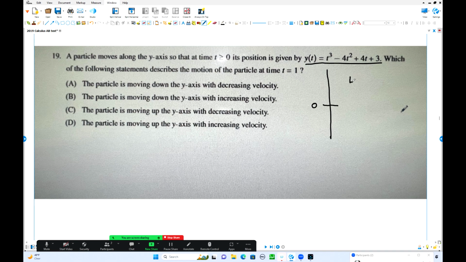At time t equals 1, what happens? Going up, going down, or what about the velocity? They are talking about the velocity also. The position is moving up or moving down, and the velocity at this time is increasing or decreasing, speeding up or slowing down, something like that.